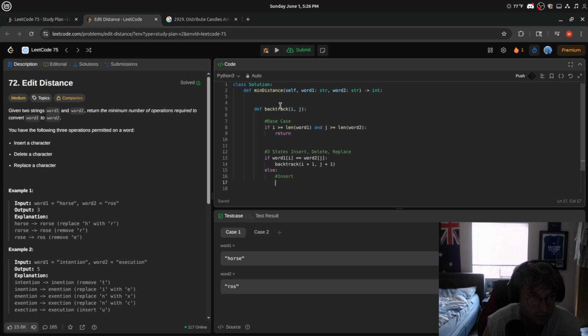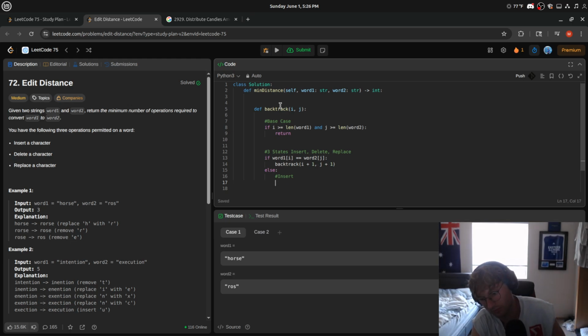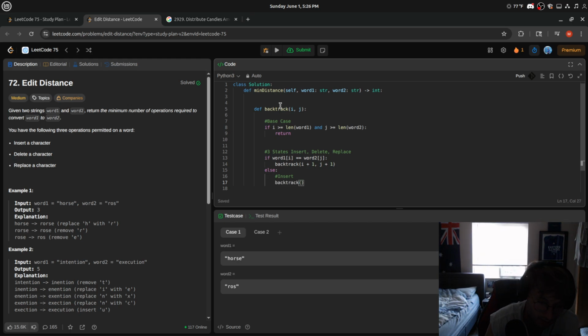Okay. So what would be insert? Okay, if we were inserting, we would do backtrack i plus 1.